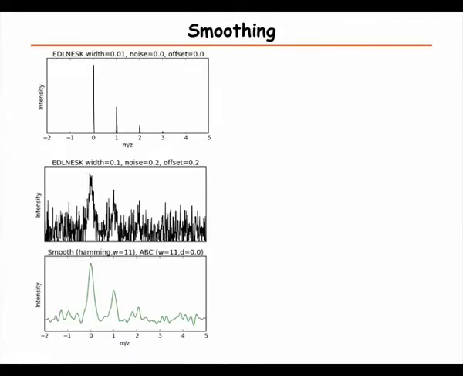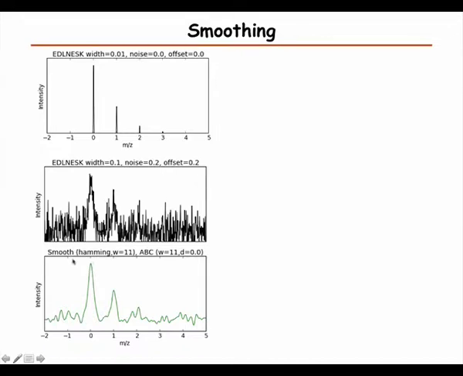Now let's look at a few examples of peptides. This is quite a small peptide. Here is the sequence, and we see the isotope distribution, this is the ideal case. Now if we add both noise and make the peaks wider, we see the first two peaks very well, but we almost don't see the third peak here.